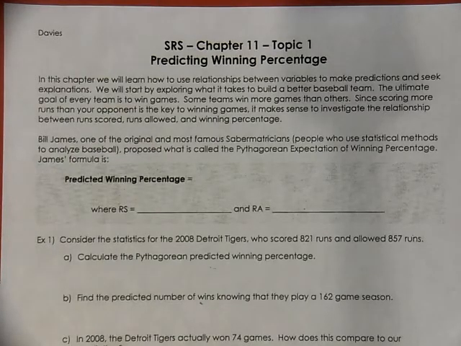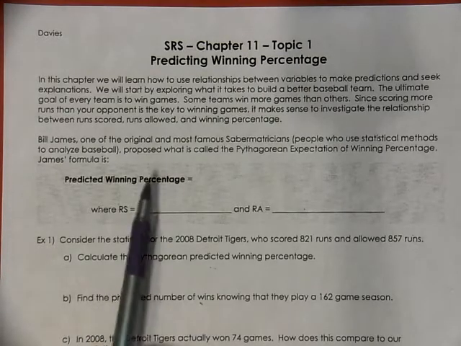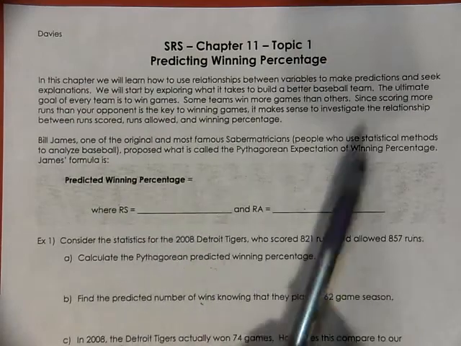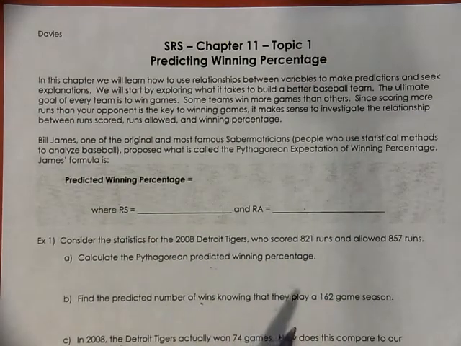And that introduces this predicted winning percentage formula, which was used by one of the most famous sabermetricians, which is someone who uses statistics to analyze baseball, Bill James, and he proposed this Pythagorean expected winning percentage formula.